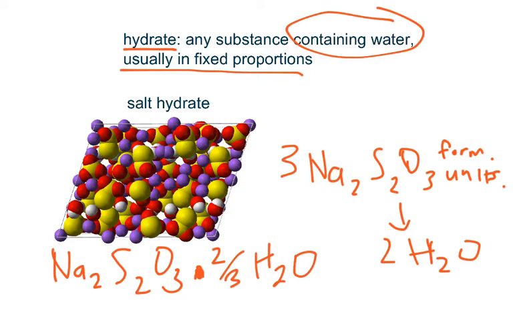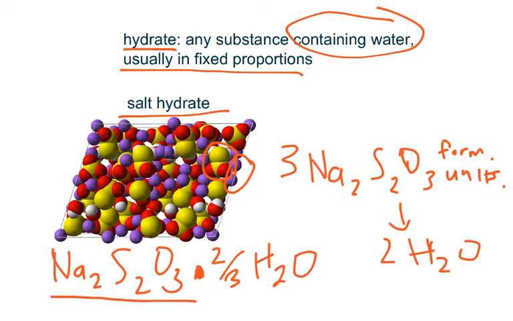So for example, salt hydrates occur when water molecules get stuck in between anions and cations. In this image, we have a salt hydrate for sodium thiosulfate. The sodiums are most likely the purple circles, and the thiosulfates are most likely these yellow and red circles.